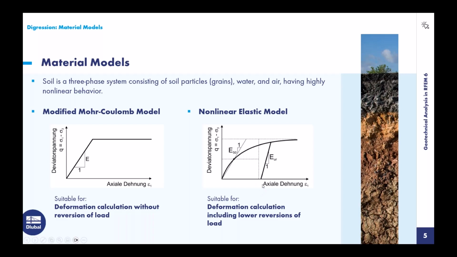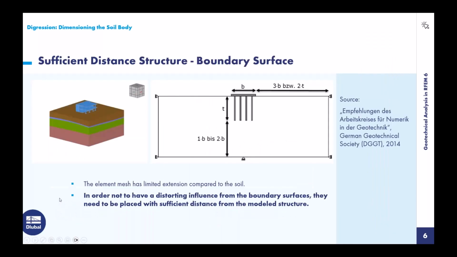And it is also able to differ between first loading, primary loading, and unloading and reloading. In unloading and reloading situation, it shows linear elastic behavior. This model is suitable for deformation calculation, including lower reversions of load and with distance to the failure. Okay, so far to the models. Let's come to the next topic.